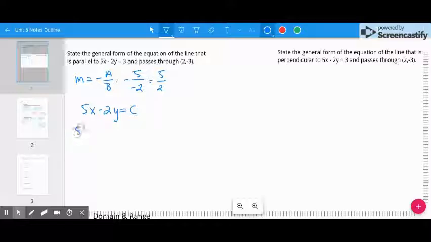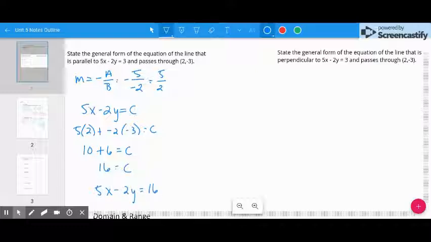So we would do 5 times 2 plus -2 times -3, and solve that for C. We'll have 10 plus 6, so C should equal 16. So 5x minus 2y equals 16 is going to be parallel to 5x minus 2y equals 3.